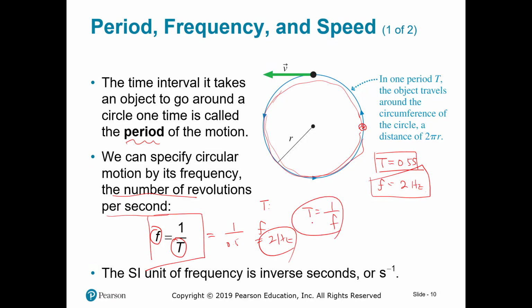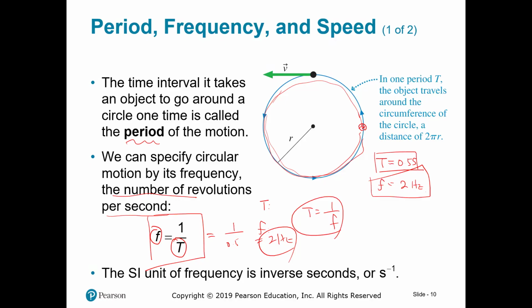So again, frequency and period have different physical meanings. Period: how long it takes to complete one revolution. Frequency: how many cycles, how many revolutions, you complete in 1 second. So they each have their own physical meaning.